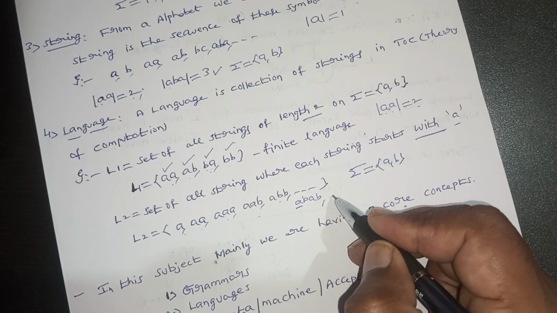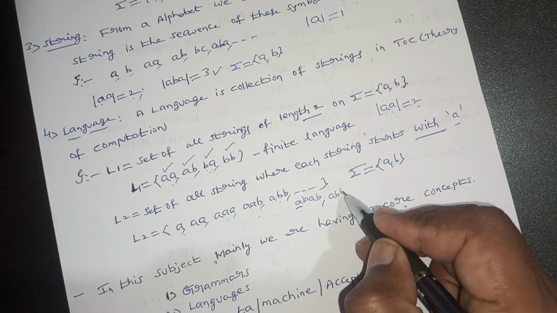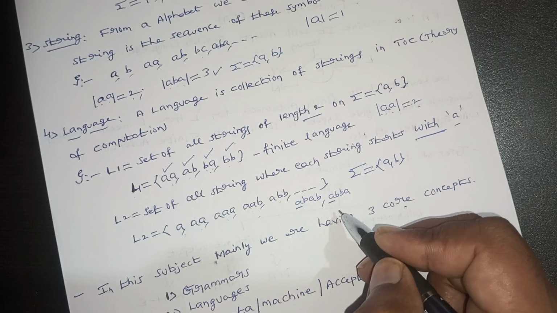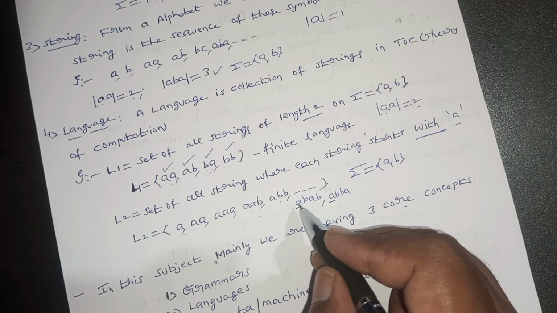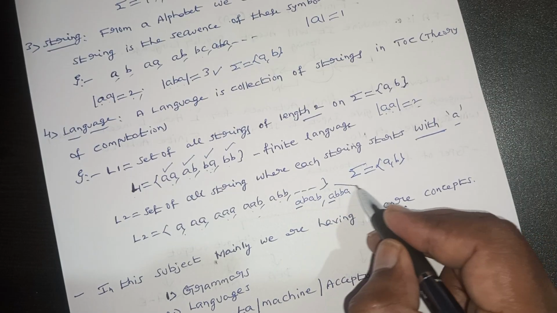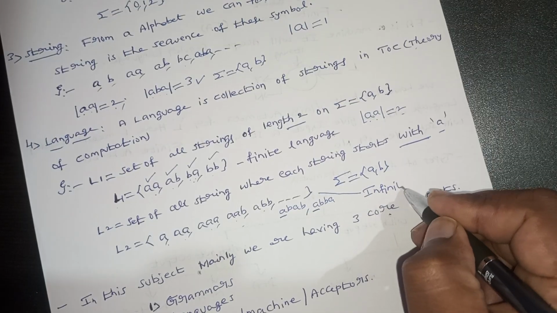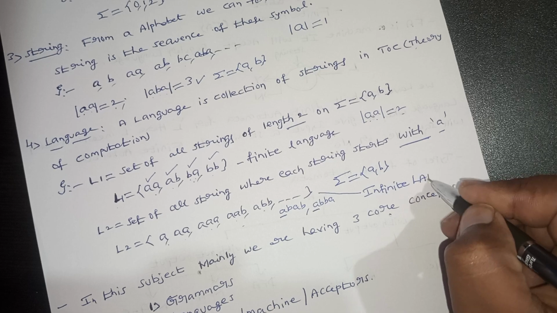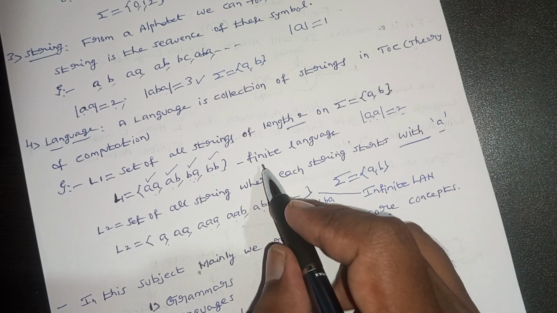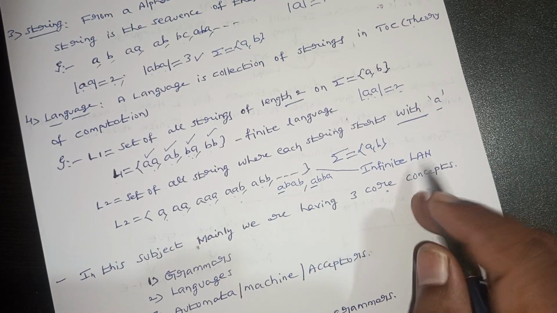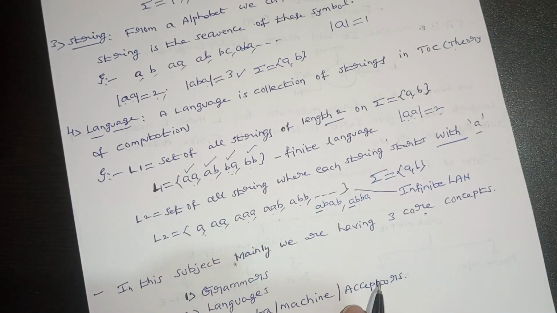Take one more string, for example abba. This is a string starting with a. Like this you are able to form any number of strings. So what is the language name? This is the infinite language. This is a finite language, and this is the infinite language. That is about the languages.